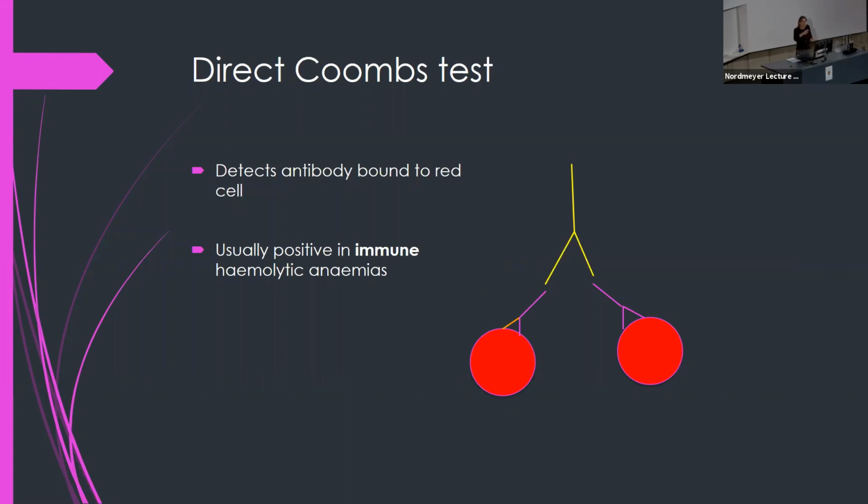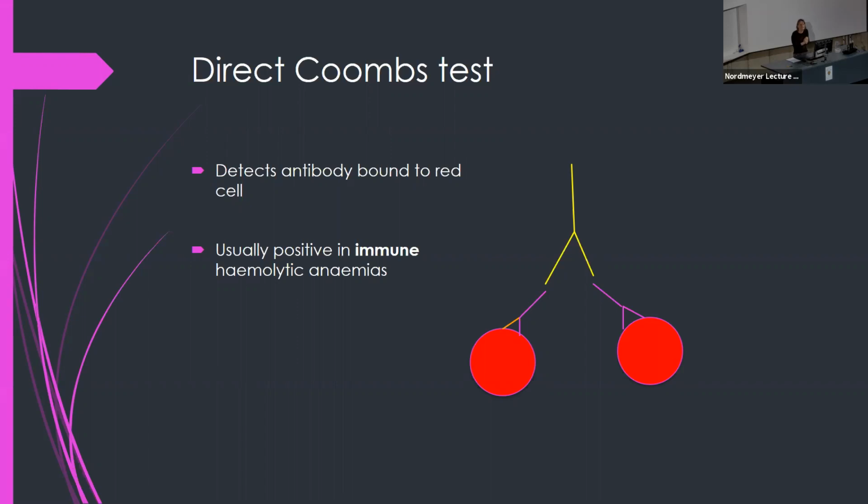So you add the yellow antibody, which is directed against either IgG or complement, and it will then bring together the red cells that have got antibodies stuck on them. So you see an agglutination in the laboratory. So people get very confused about direct Coombs test, but that's all it is.